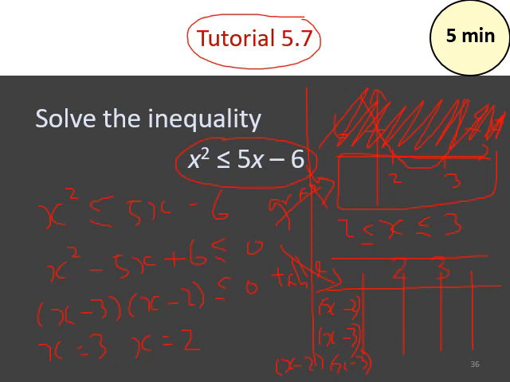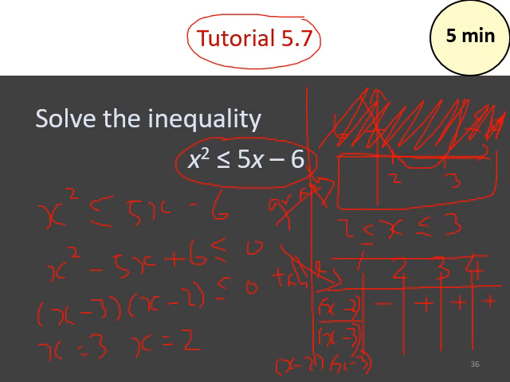Let's say here is value of 4 and here is value of 1. So we check, when x minus 2 we replace with some value 1.5, it creates a negative value. When we replace 2.5, it becomes positive. We replace 3.5, it becomes positive. We replace 4 and above, it becomes positive.